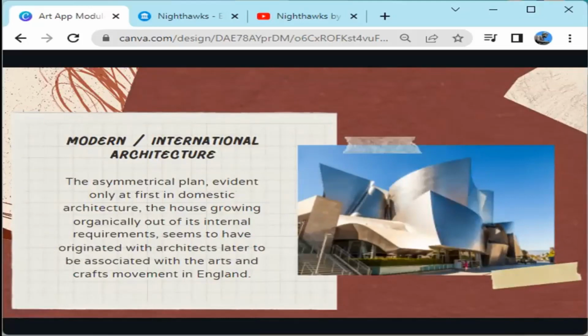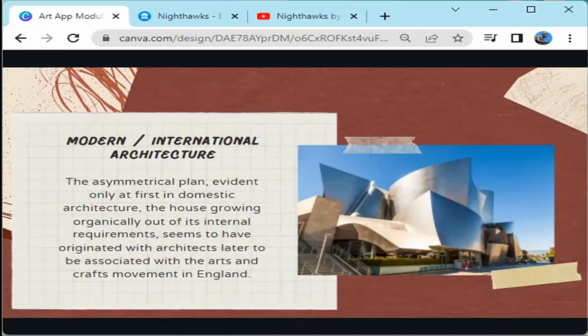For example, when you go to MOA, the look of the domes and the buildings there, most of them are asymmetric. Before, this was evident only in public buildings, but now even in houses you see the asymmetrical plan being utilized, especially in contemporary houses.